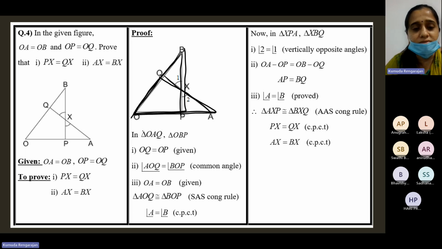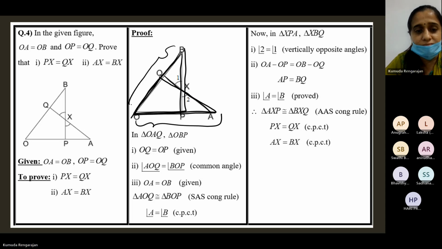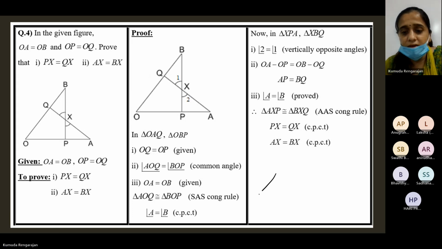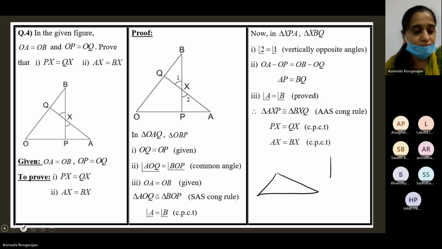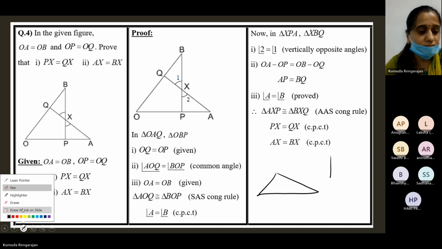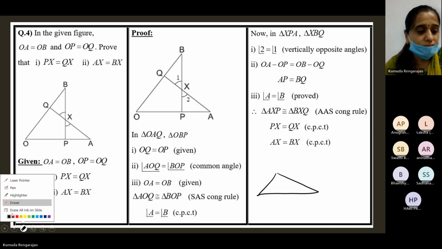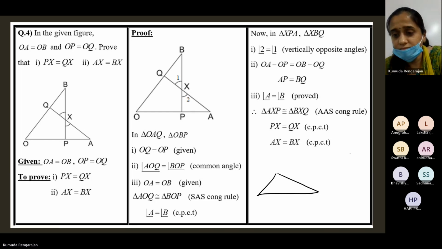Now in these two triangles, OA of one triangle is equal to OB of the other triangle. I'll draw the triangle separately for you here.